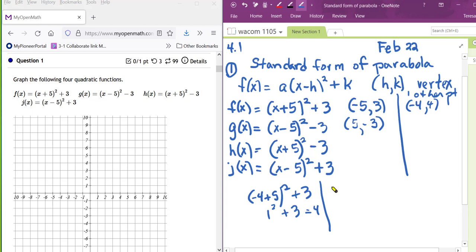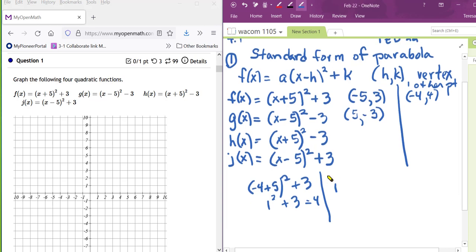So if you do 4 minus 5 squared minus 3. So this is a -1 squared minus 3, which is 1 minus 3, a -2. And I picked 4.